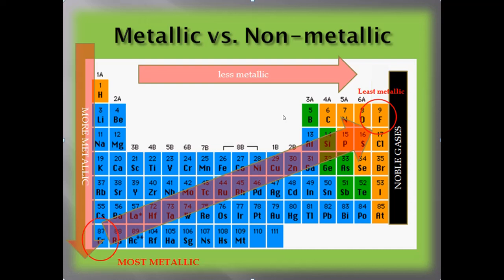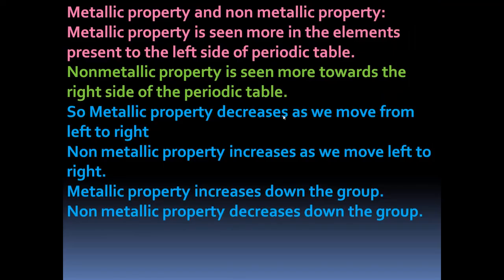So, by observing this periodic table, what can we interpret? Yes, we can see that metallic property is seen more in the elements present on the left side of the periodic table, and non-metallic property is seen more towards the right side.